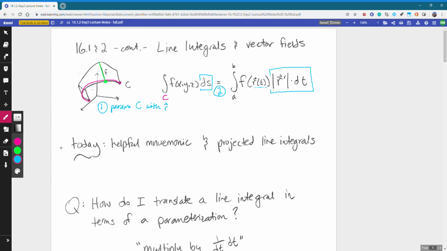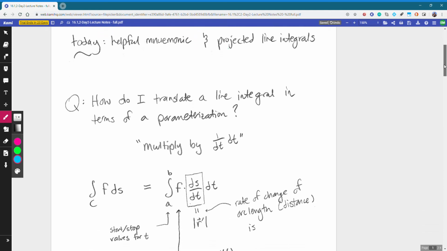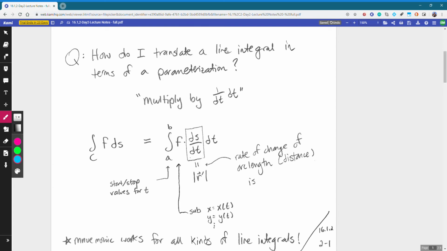And so to start, let's look at this helpful mnemonic, this catchphrase that we can use once we're staring at something like this, just a line integral on the left, and we're wondering how to translate it in terms of a parameterization. All right, the question here is, how do I translate a line integral in terms of a parameterization?